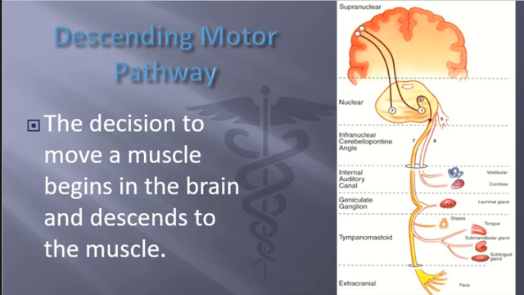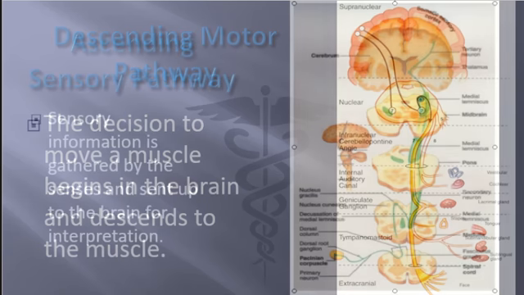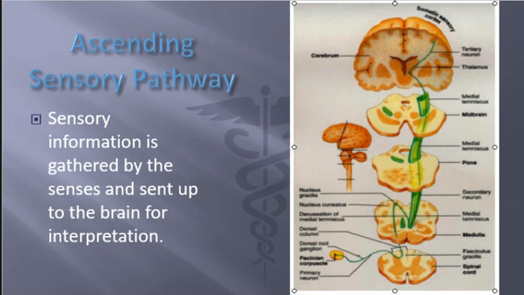It's going to go from my sensory organ to my brain. Notice this travels down, crosses over, down to the right side of the brain to the left side of the body. Our ascending sensory pathway: sensory information is gathered by the senses, sent up to the brain for interpretation.